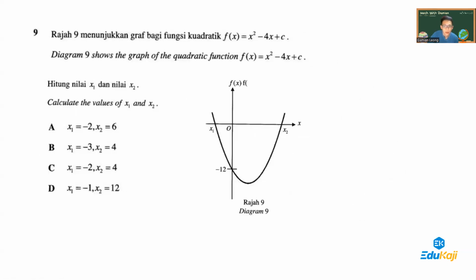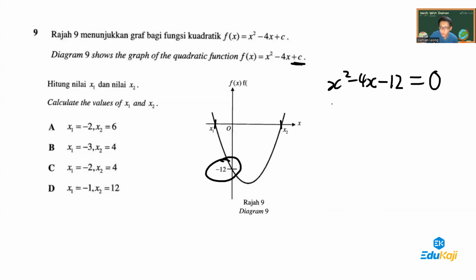And question 9, I have quadratic x squared minus 4x plus c. So c value would basically be the y-intercept. So means it's x squared minus 4x minus 12. So x1, x2 here is on the x-intercept. So when y is equal to 0, when f(x) equals 0.